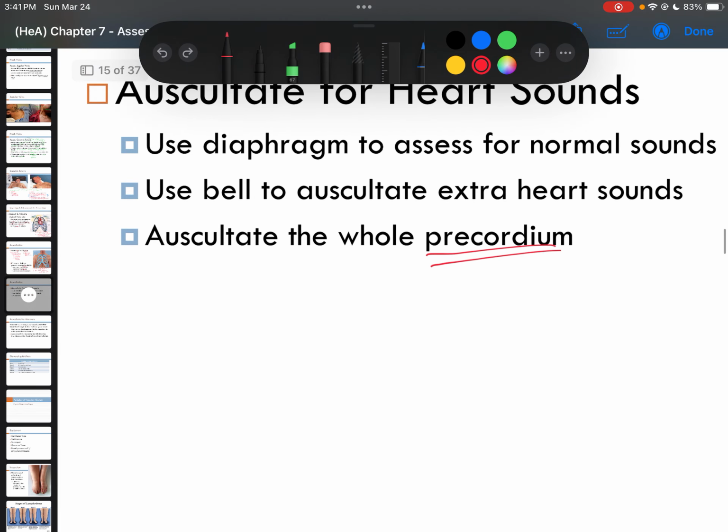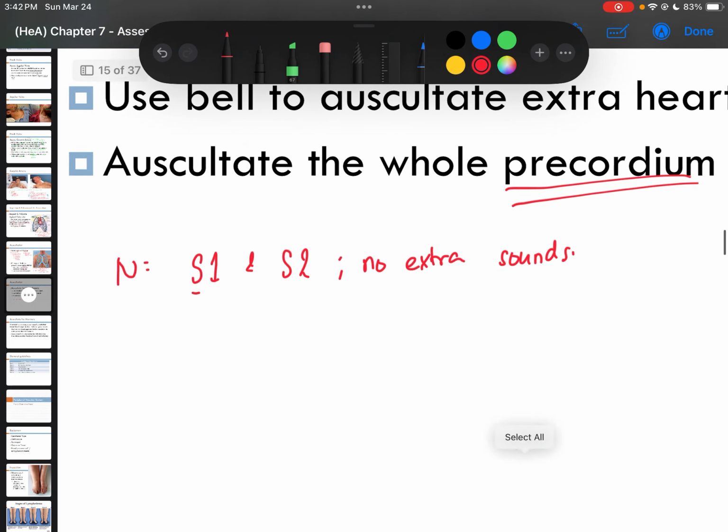Normally, there should only be S1 and S2. No extra sounds like your S3 and S4.